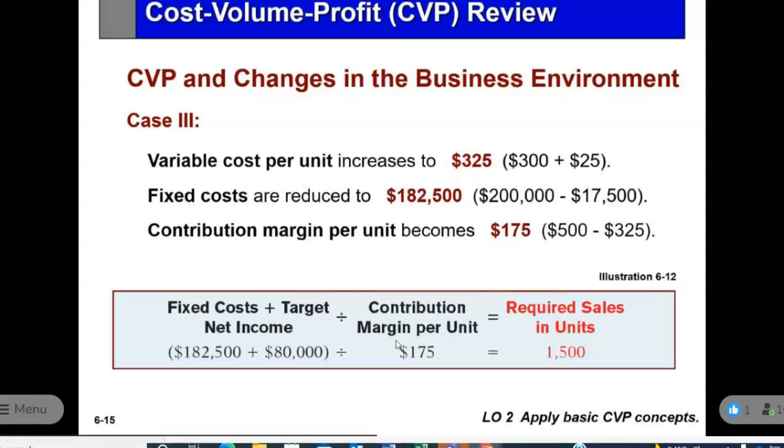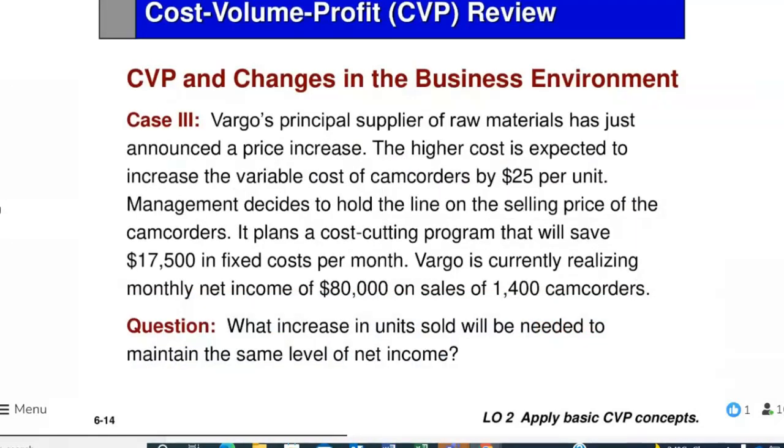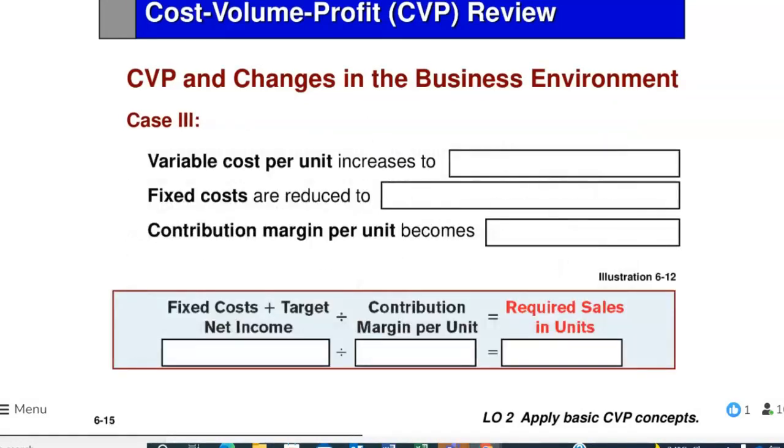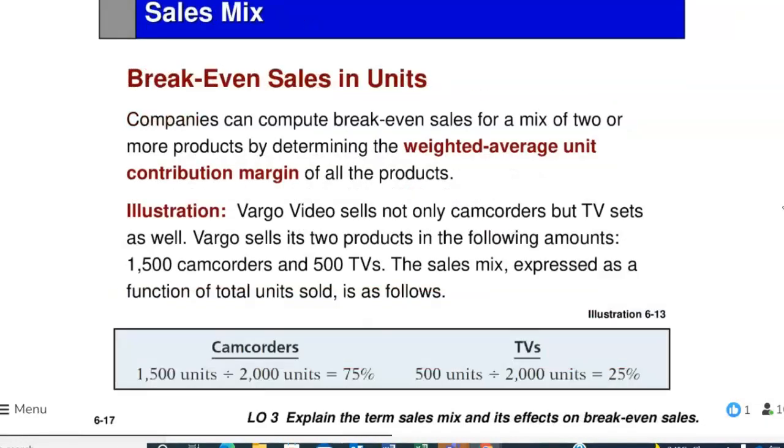So there's my 175. I must cover my fixed costs and give me a profit, and I need 1,500 units to do that. Well, the way I am now, I'm selling 1,400 camcorders. And in this scenario, I have to sell 100 more.